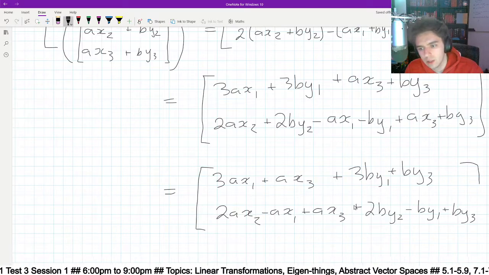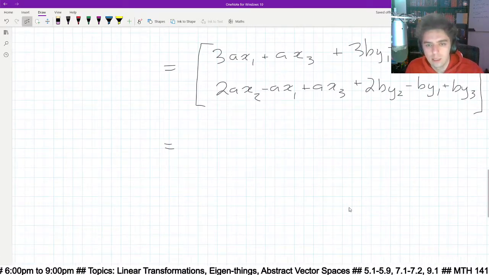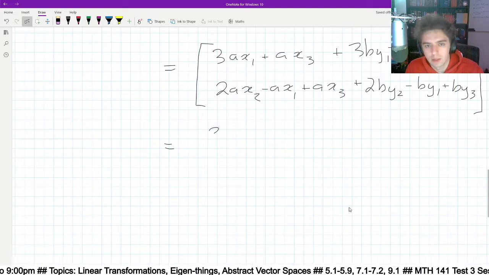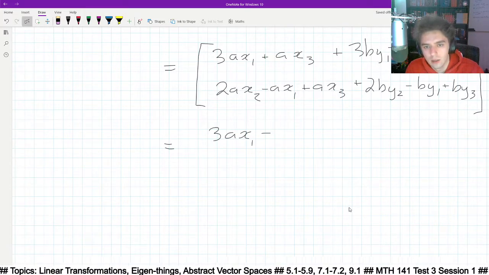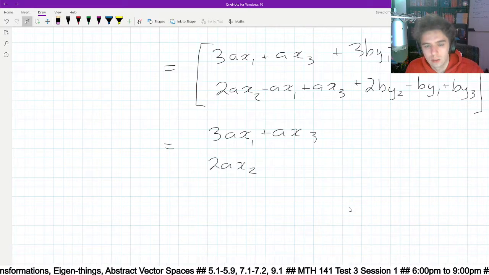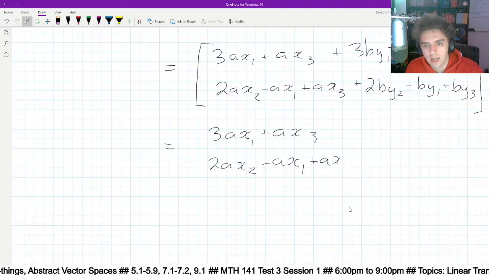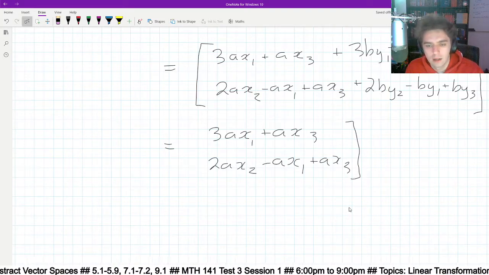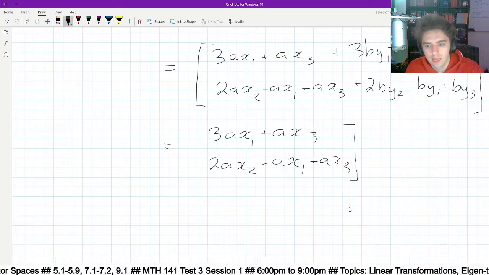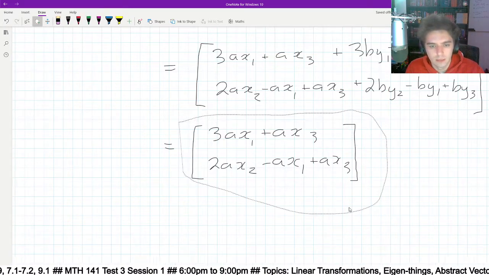Now we can separate this into two vectors. This is the same thing, I'm not changing anything by doing this. I'm going to take 3ax1 plus ax3, 2ax2 minus ax1 plus ax3, just the x vector, and move that to the side so I have more space.